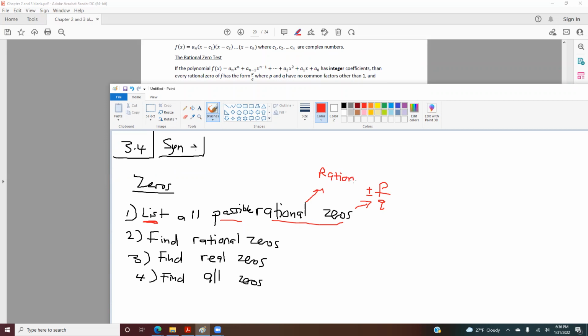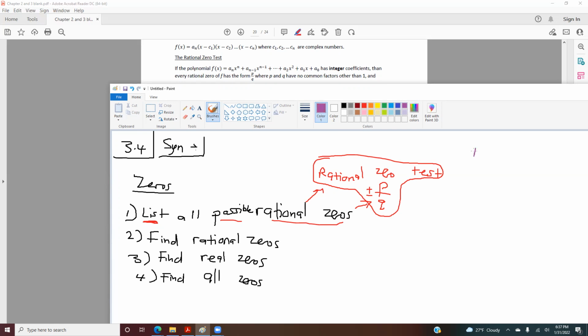You will learn this in today's class. So make sure you read the question really carefully. When they ask you to list all the possible rational zeros, you use the rational zero test, which uses p over q, and your answer has plus and minuses.